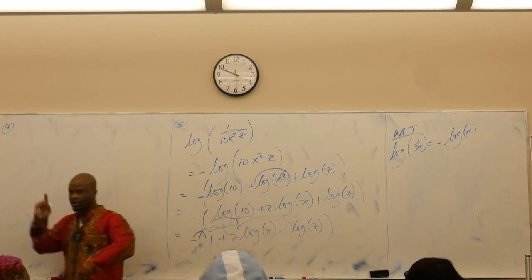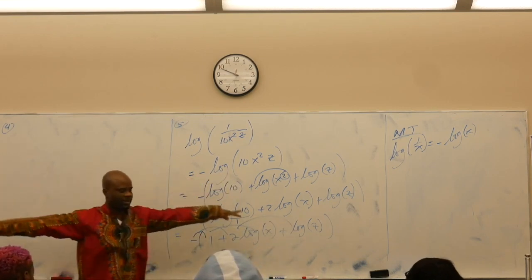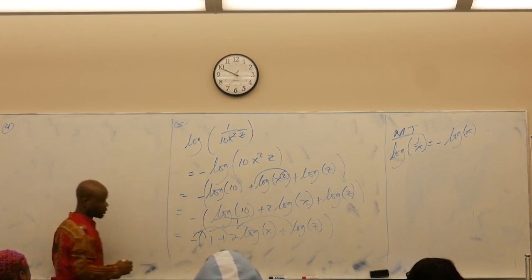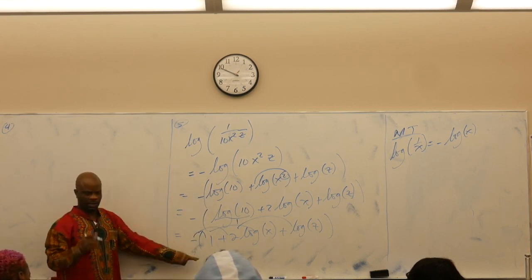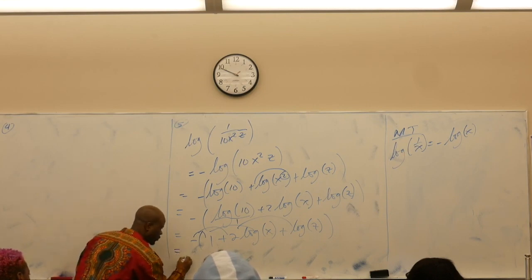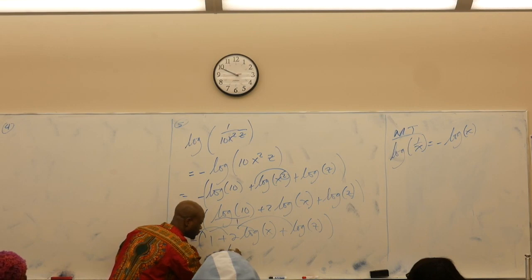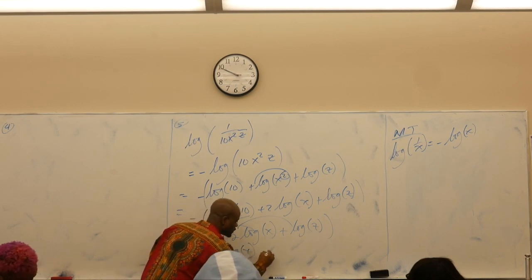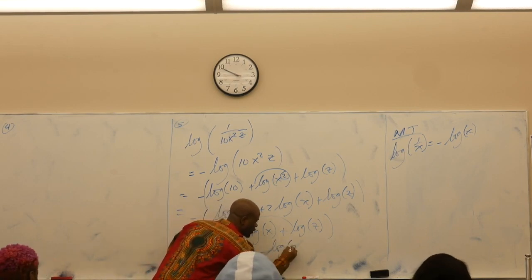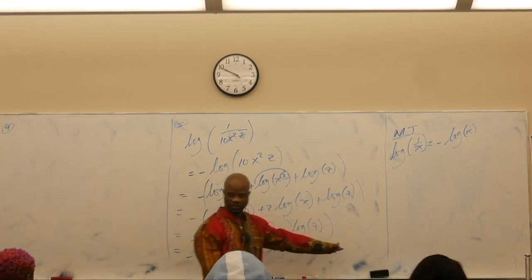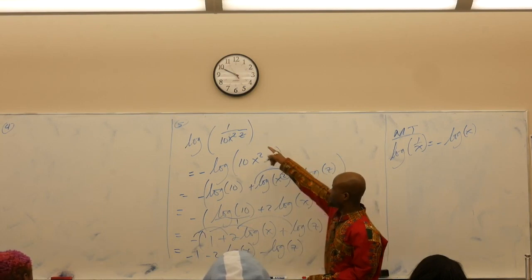You get a negative, you get a negative, you get a negative. Everybody gets a negative. So, can everybody see down here? So, negative 1 minus 2 log of x minus the log of z. You see now they all have negatives, which means it was just a division, which is where we came from.